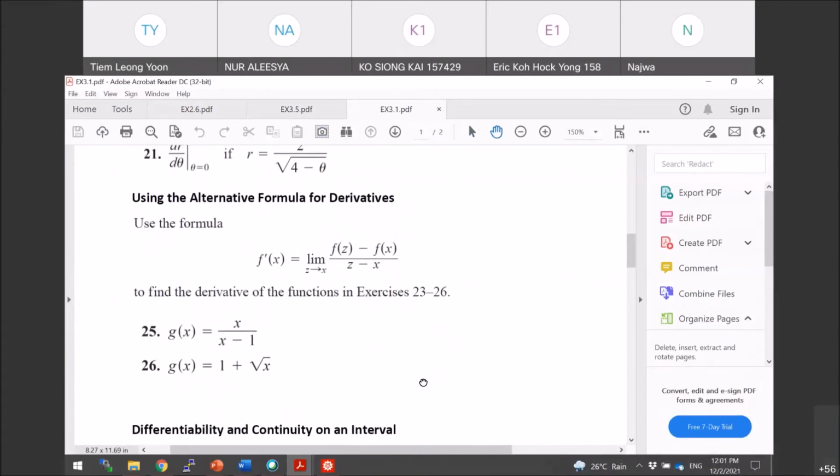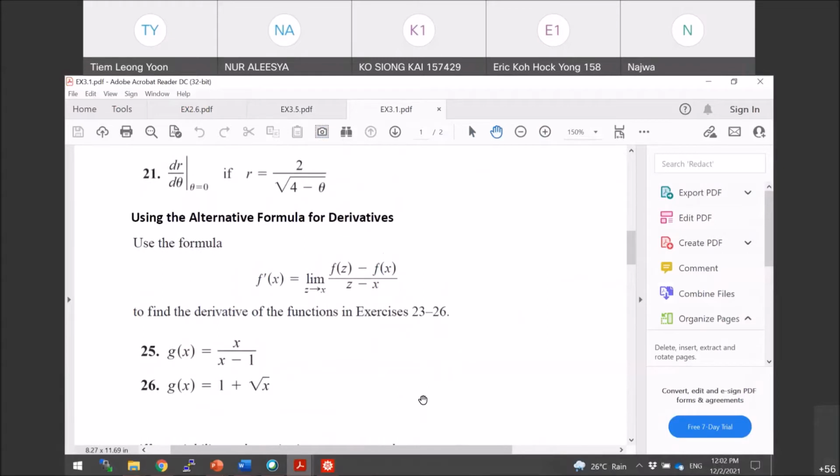Question 25: find the derivative of the functions. Okay, so I think that is kind of a straightforward question. The question is g(x) equals x over x minus 1.